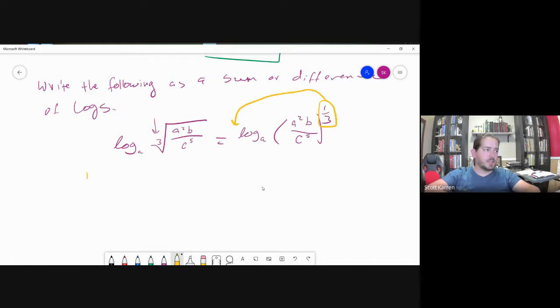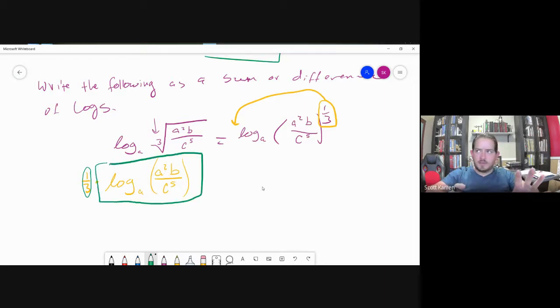And so I'll write this now as 1/3 multiplied by the log base a of a squared b over c to the fifth. But it's important to note that this 1/3 is multiplied by that and anything that that turns into.